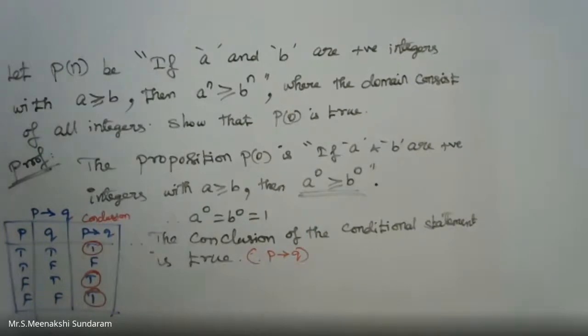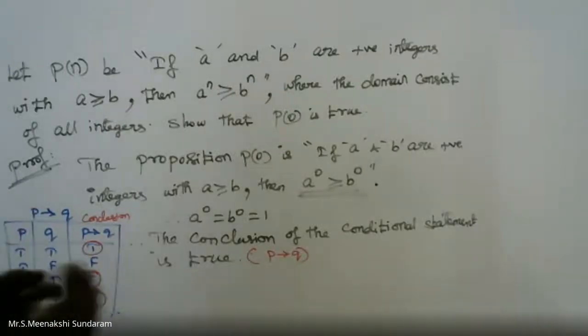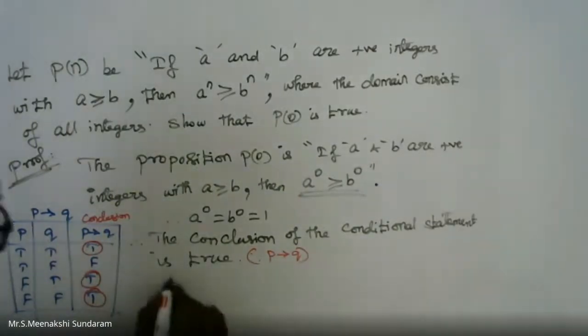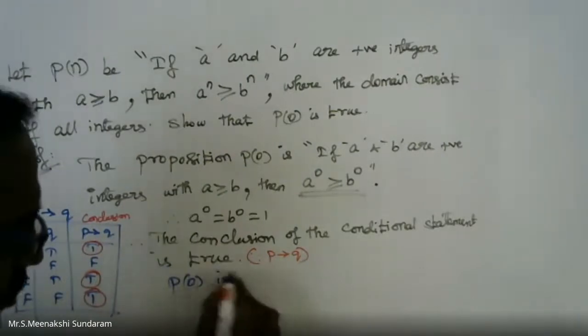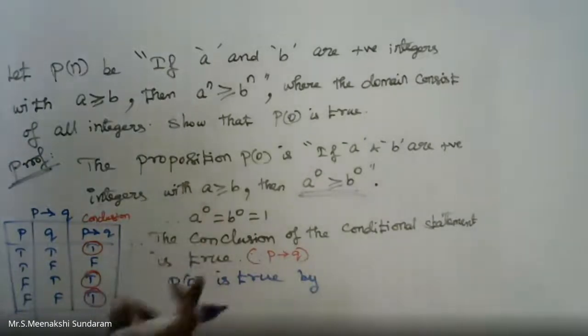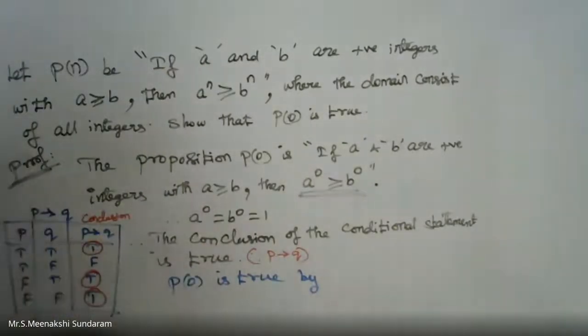So what can you write as the conclusion now? What type of proof, what strategy can we follow here? P(0) is true by trivial proof, not vacuous proof. A vacuous proof is when the input is false, then the conclusion is true.